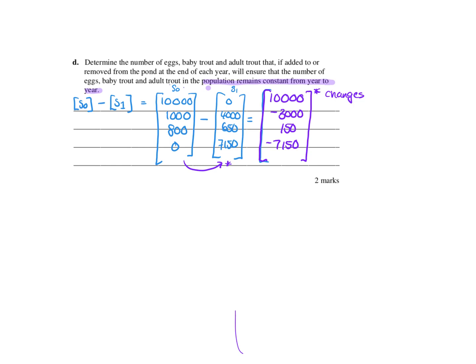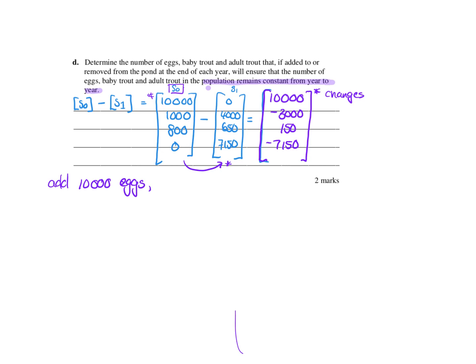If we wanted it to be different to the original, what we want to do, to keep it the same as this one, is we would need to add 10,000 eggs, because it's a positive number there. So we will add 10,000 eggs.